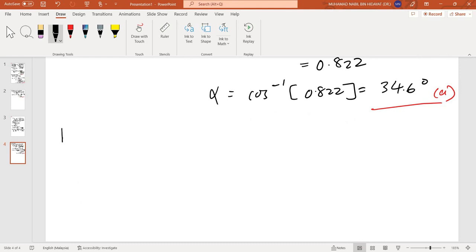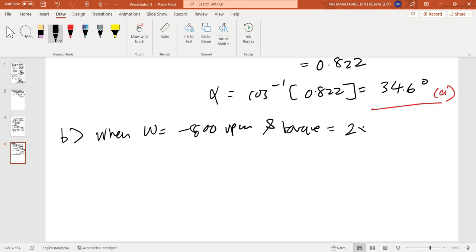And for B is when speed is minus 800 RPM and torque is 2 times the torque rated. So we can say it's 2 times the current.